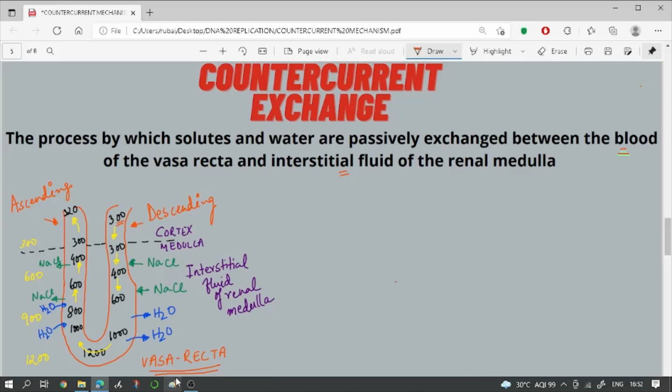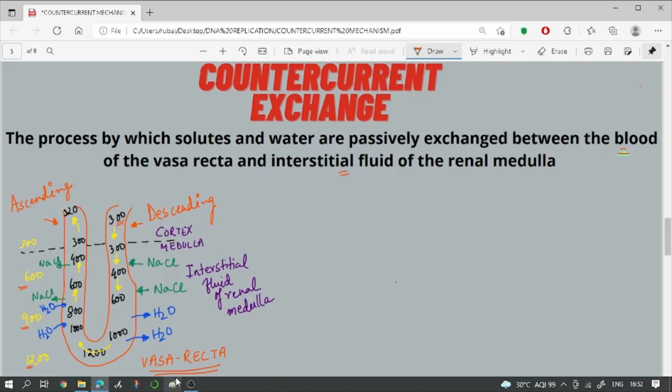You remember the interstitial fluid getting increasingly concentrated, right? So from here you can see the 600 and then gradually as you go deep into the medulla it increases to 1200, isn't it?